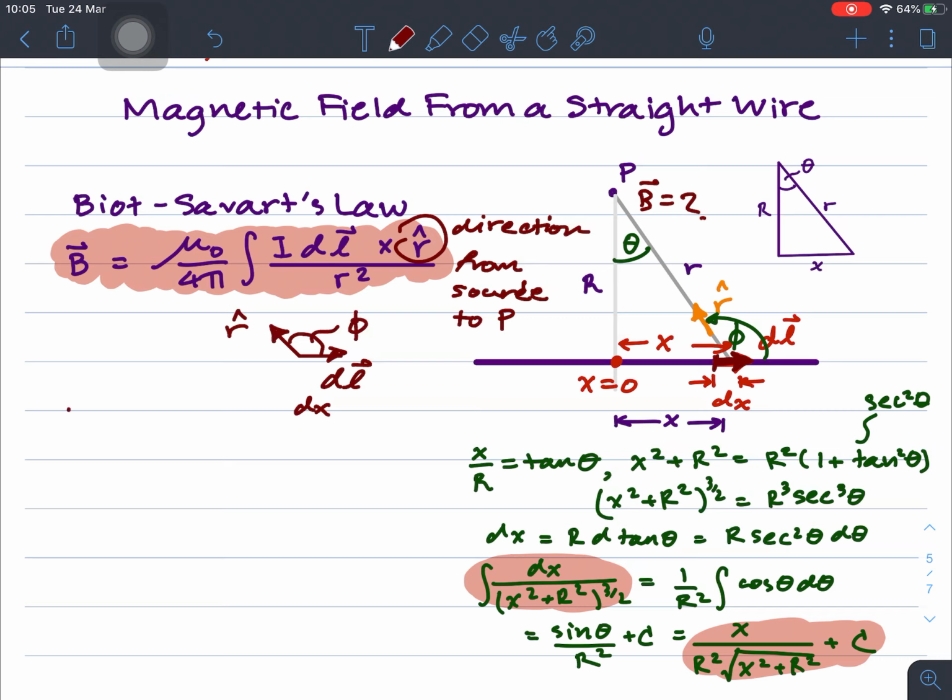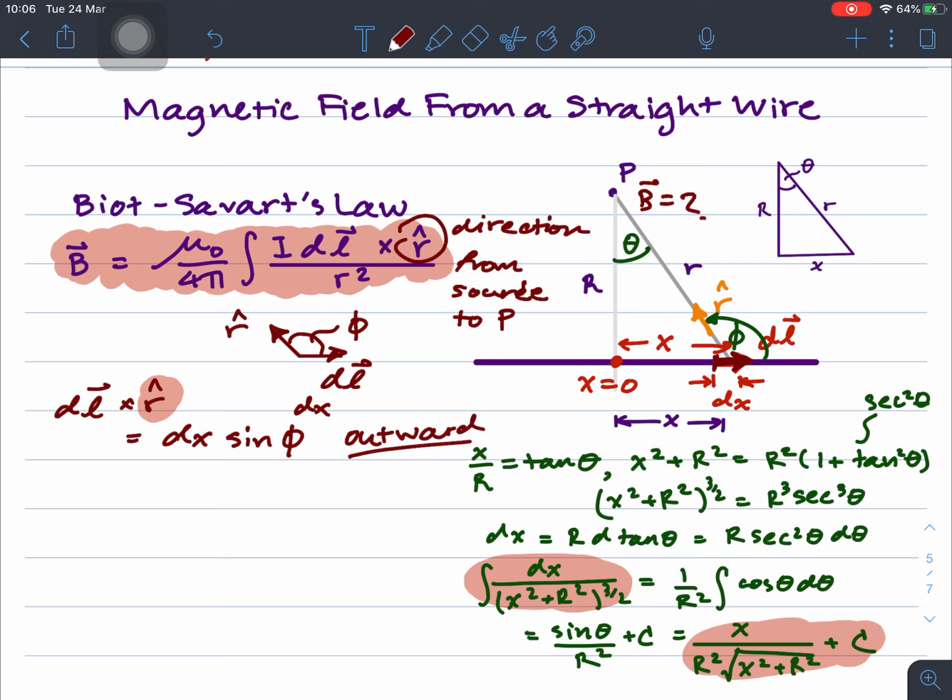So dl cross r will be dx, as the magnitude of unit vector r is 1. So it will be dx times 1 times sine phi, and the direction will be outward using the right hand rule.